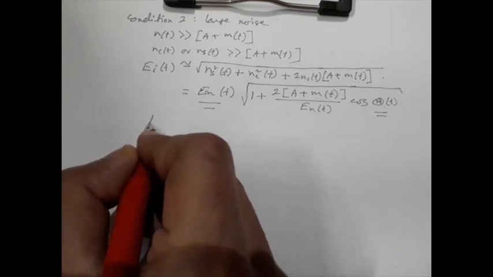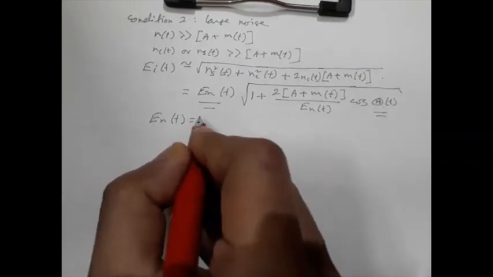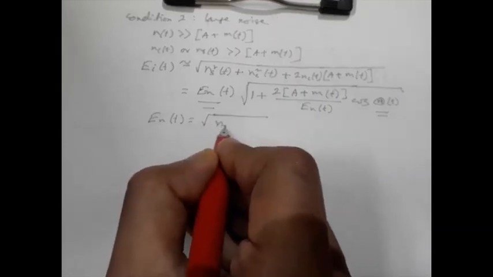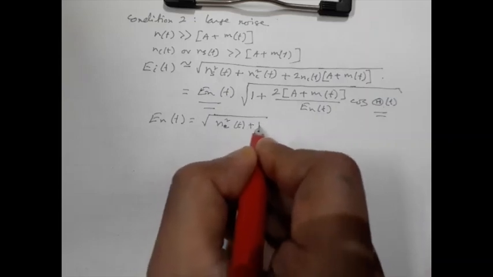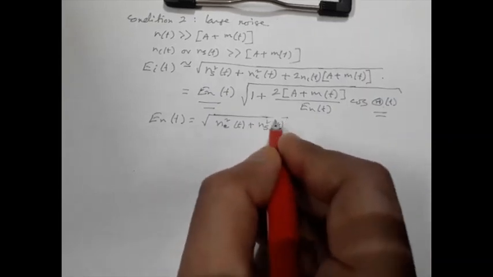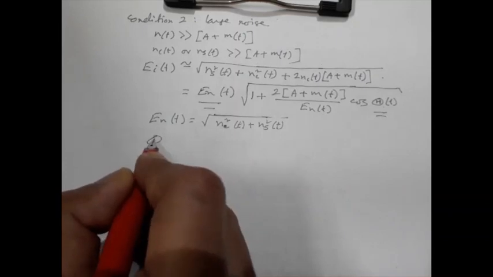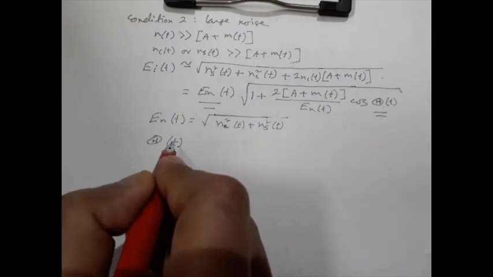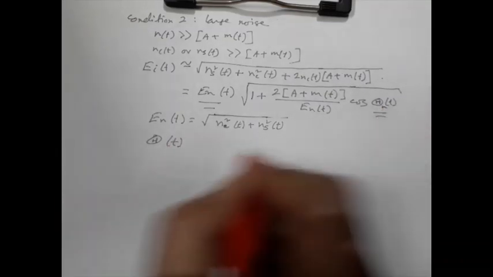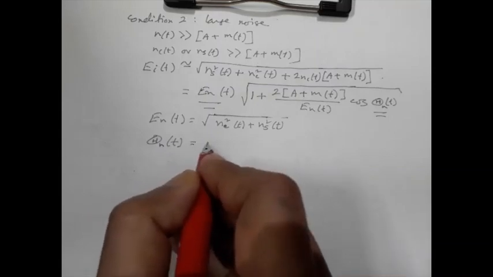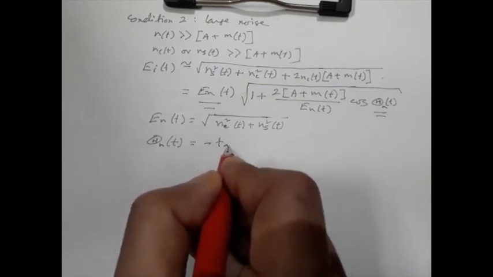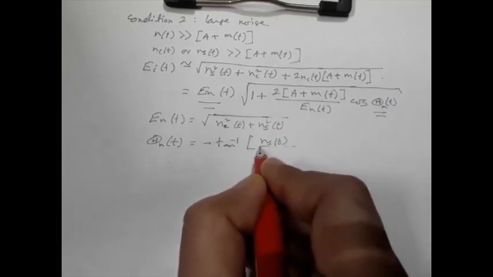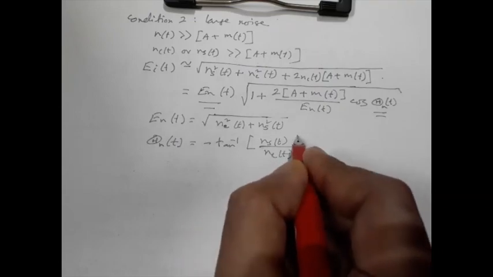So e_n(t) is equal to square root of nc square plus ns square, and theta you can write as theta_n, n stands for noise. Theta_n(t) equals minus tan inverse ns(t) by nc(t).